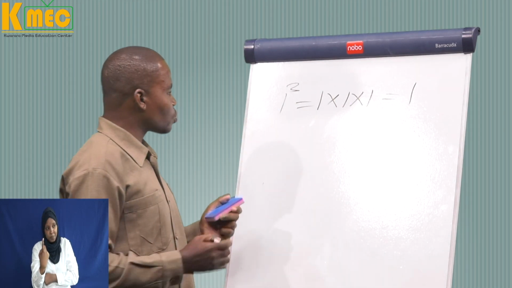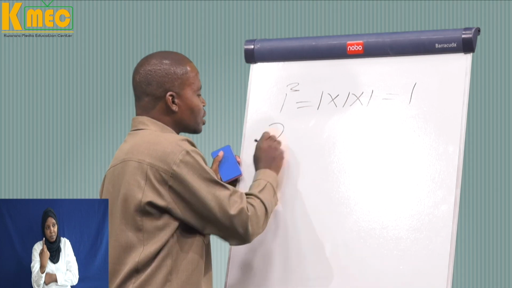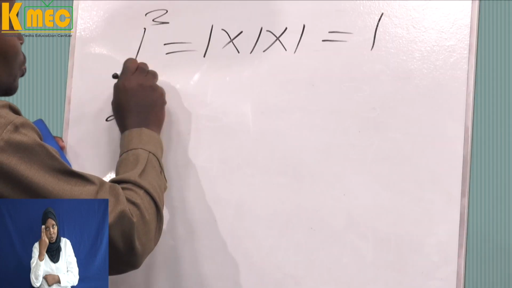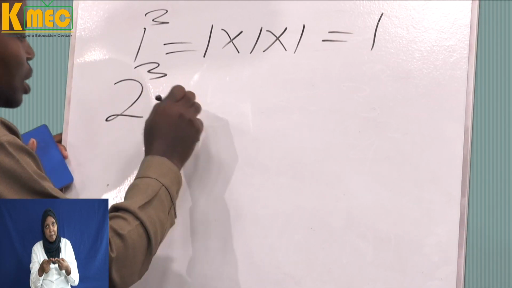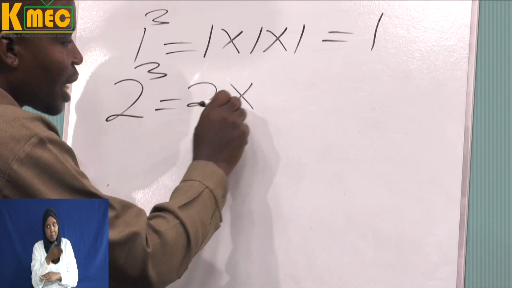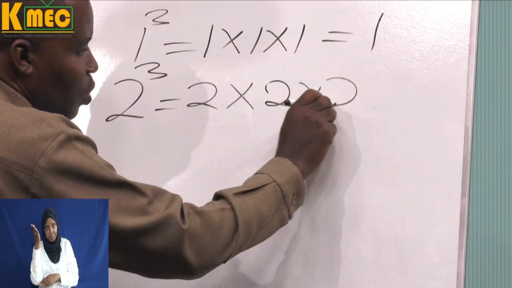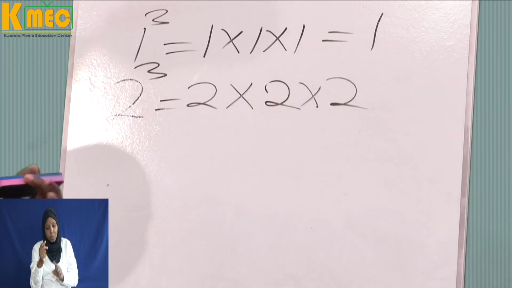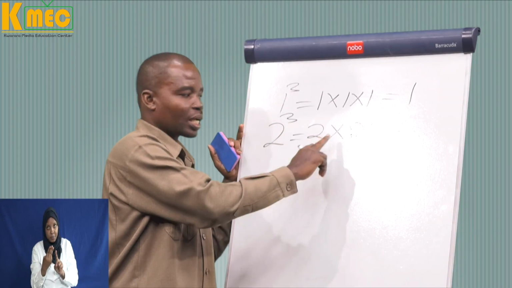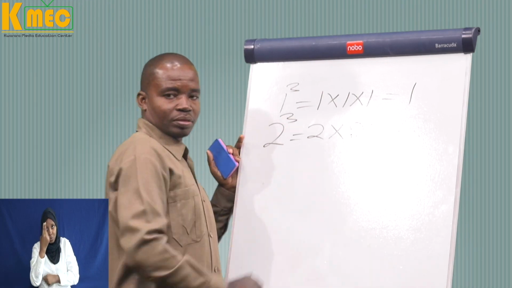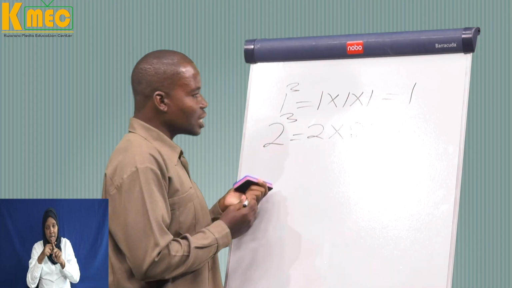Let's see how things could be when we want to write 2 cube. We use the same procedure. 2 cube is equal to 2 times 2 times 2. How do we get the answer here?